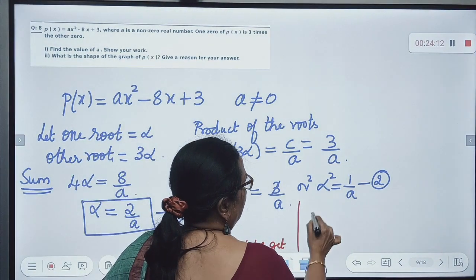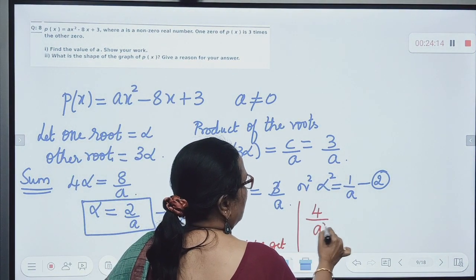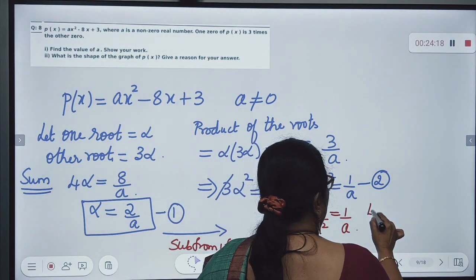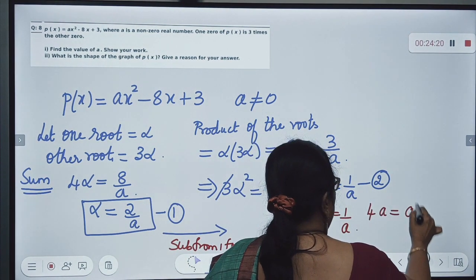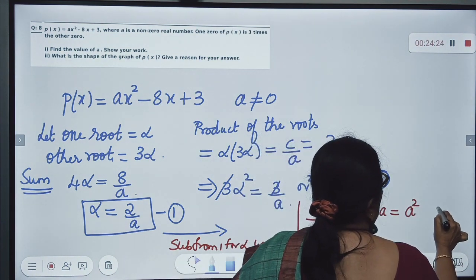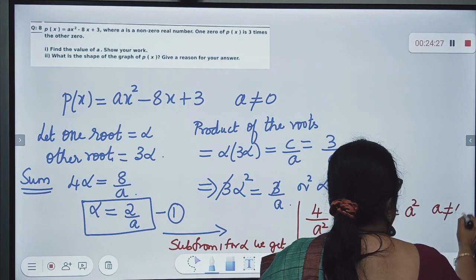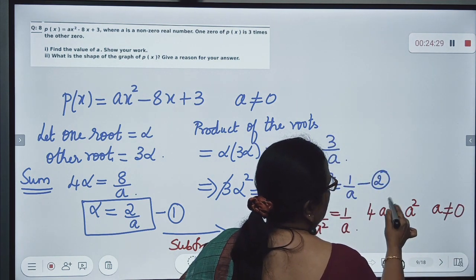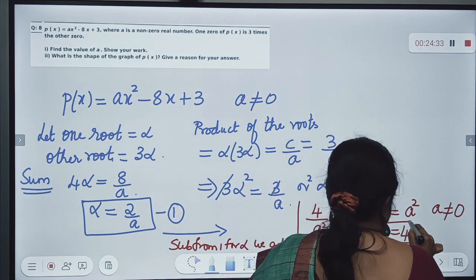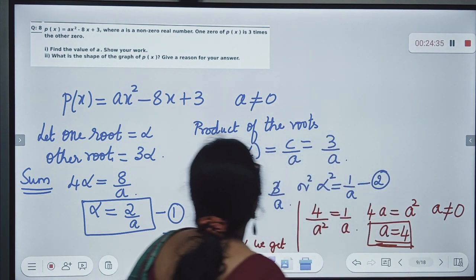So alpha square will be 4 by a square equal to 1 by a. So 4a equal to a square. I can cancel off a because a is not equal to 0. So cancel off a. So you will get a equal to 4.